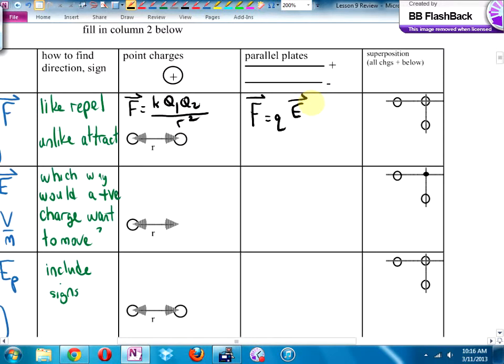F equals what? The charge at that location times the electric field at that location. By the way, that's really the equation for force, not this KQ1 Q2 over R squared. Well, wait a minute. Watch, I'll show you that actually it turns out this equation contains that one. We'll show that in just a second.